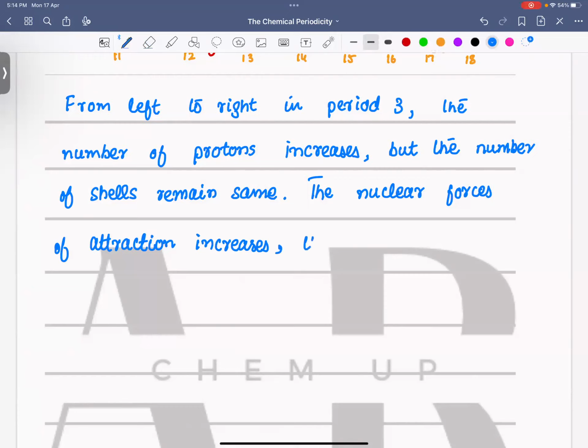And if the attraction gets stronger, the nucleus actually attracts the electron shells with more force. So this results in a decrease in size of atomic radii. Yes, is this understandable to everyone?